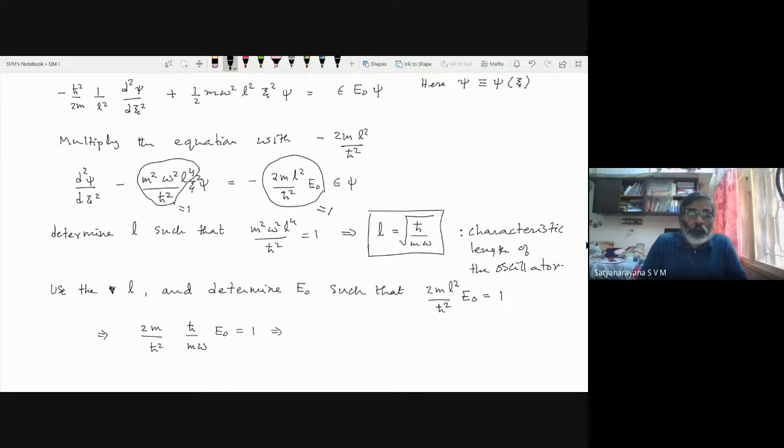So this implies your E naught, you can see this m cancels, h bar cancels. So you get E naught is equal to h bar omega by 2.